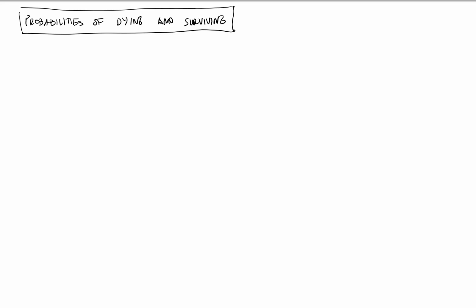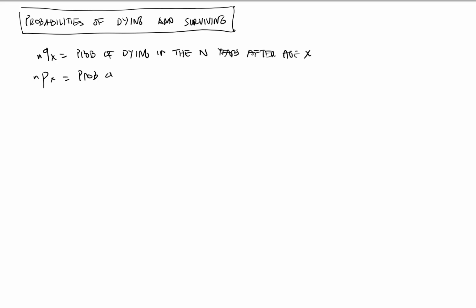So from last time, we recall that nQx is the probability of dying in the n years after age x, and nPx is the probability of surviving n years after age x.